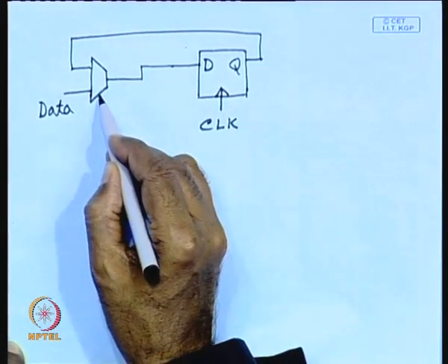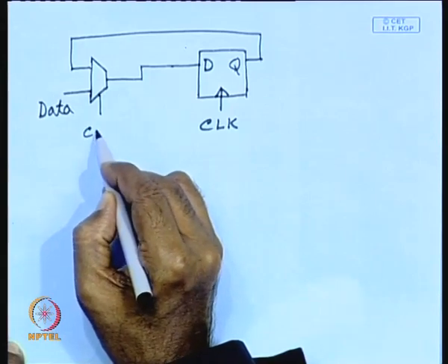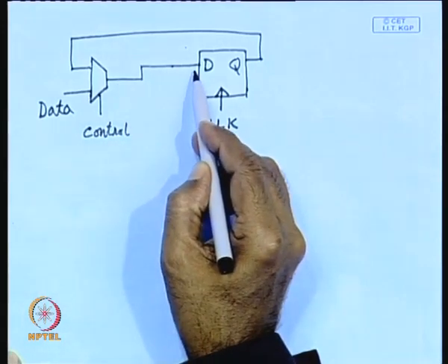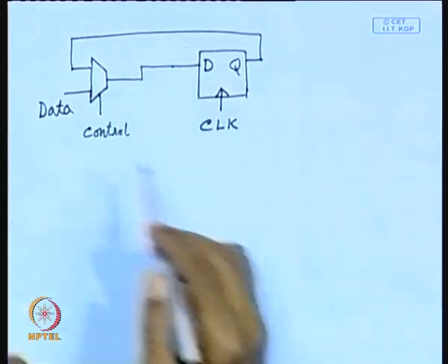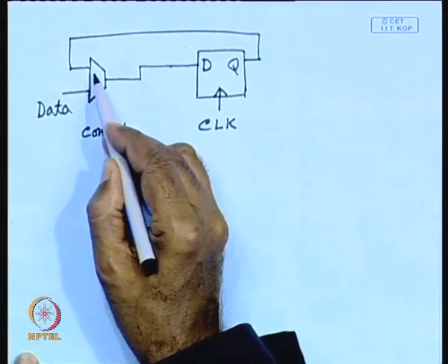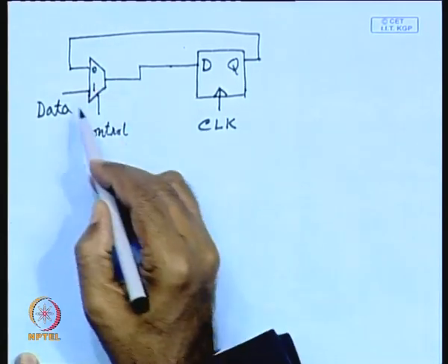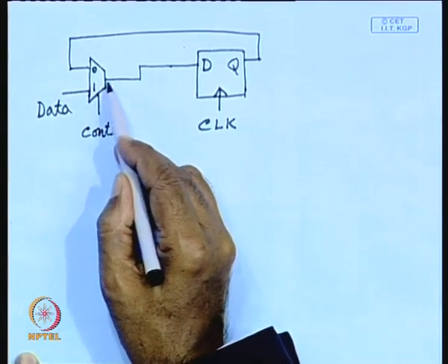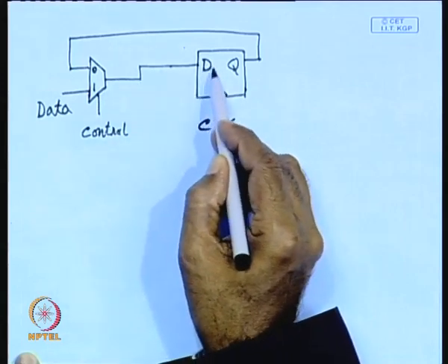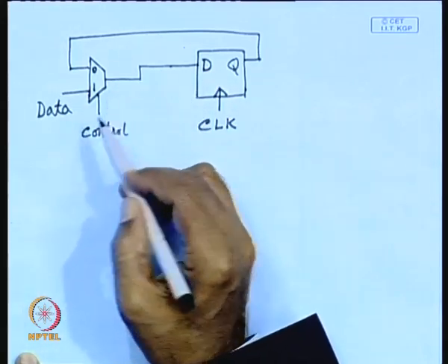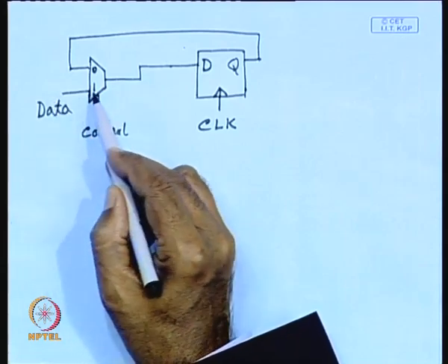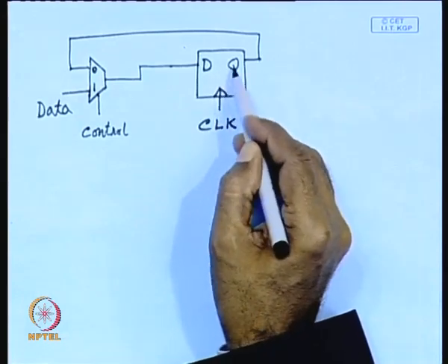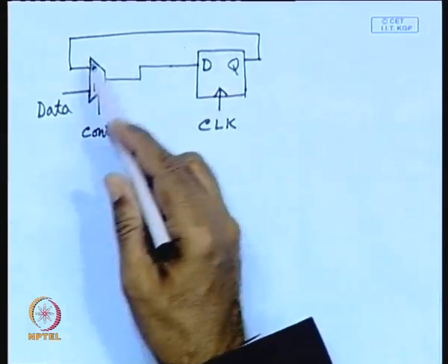Each time the clock is applied, and a control signal decides which will be applied to this D input. That means, when new data has to be loaded, this path, say you may call it 0 path, you may call it 1 path, then this path is enabled, that means the control signal is 1, and this data will go to this register. But in all other situations, when new data is not loaded into the register, old data is loaded, because the clock is already applied there, and old data is recirculated with the help of this multiplexer.